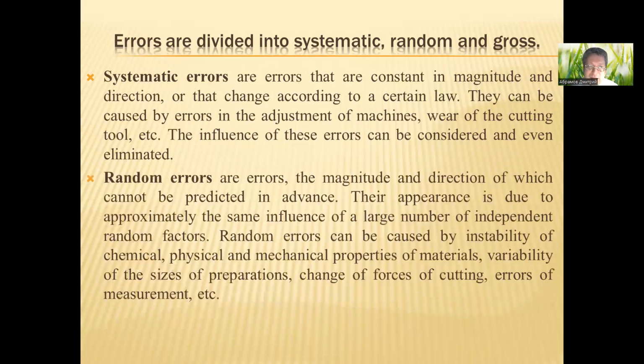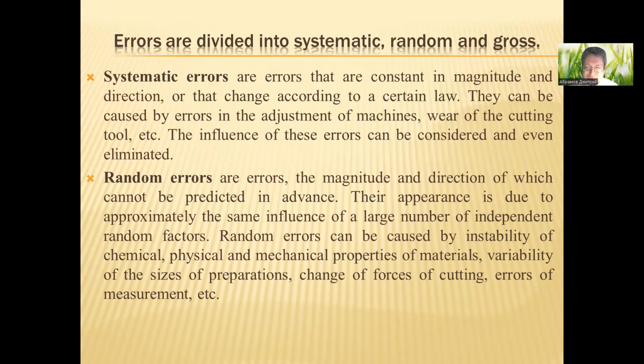Next type is random errors. Random errors are errors the magnitude and direction of which cannot be predicted in advance. Their appearance is due to approximately the same influence of a large number of independent random factors.